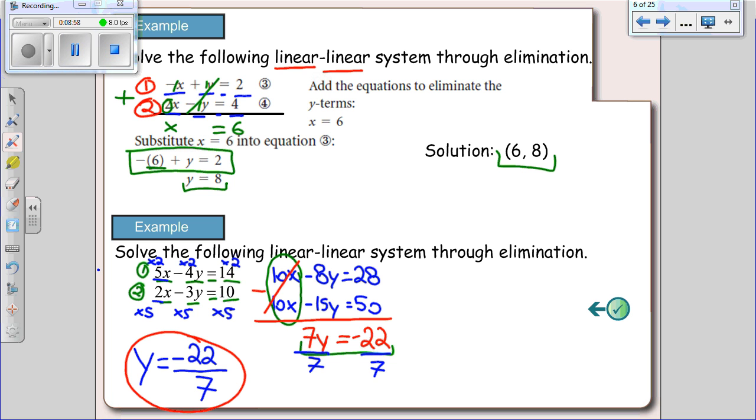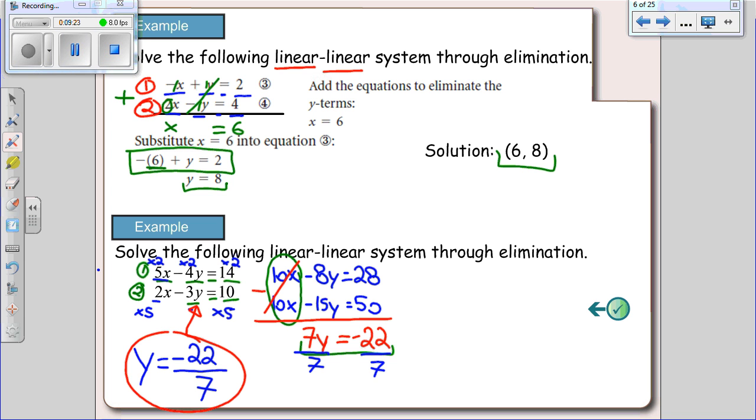I'm going to choose equation 2. You really could choose any equation you want. Sorry, I was pointing my arrow the wrong way. You just sub it in for y. You can choose equation 1 or equation 2. I'm just choosing equation 2 by random choice. It makes no difference.